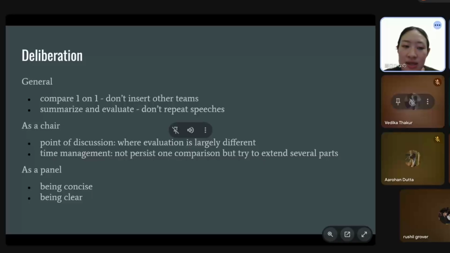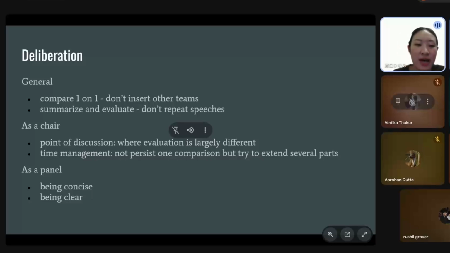So not citing the speech a lot, not repeating the speech a lot, but what needs to be explained in the deliberation is the evaluation of the arguments, the evaluation of the teams. Especially from the perspective of the chair, the point of discussion is going to be where the evaluation is largely different, or the most contentious part.